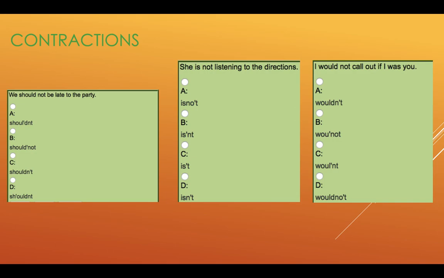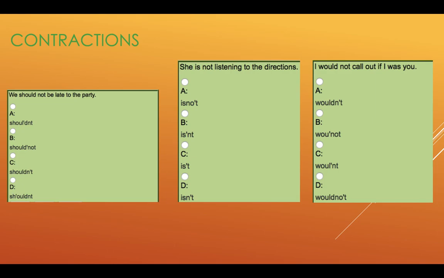Right, contractions. Should not changes to shouldn't, which is the letter C. So the apostrophe goes between the letter N and the letter T. Number 2, she is not listening to the directions.